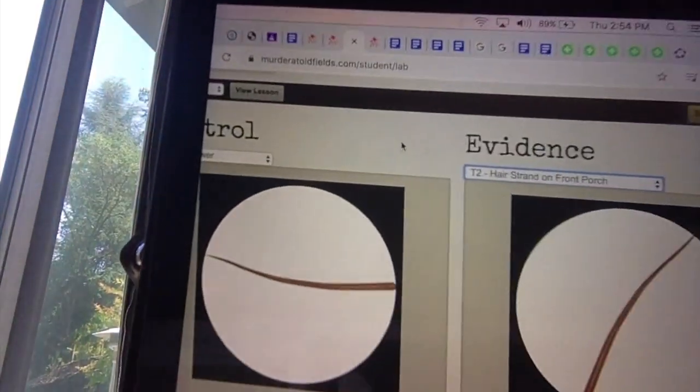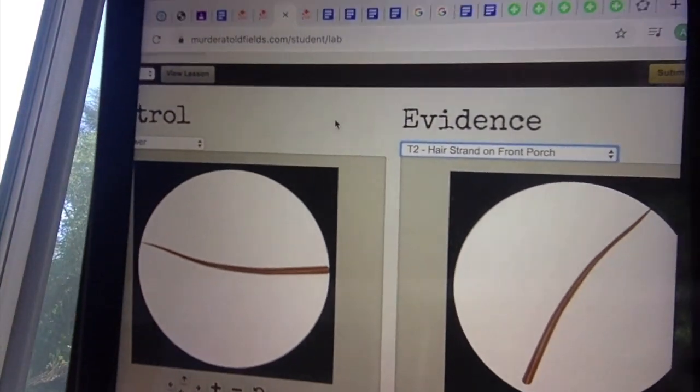Okay, the next control sample is from the suspect Henry Bauer, another farmhand. His hair sample was comparable to the hair strand found on the front porch. They were comparable because both were straight brown, the medulla pattern was continuous, the medulla structure was amorphous, and the scale pattern on both was imbricate.